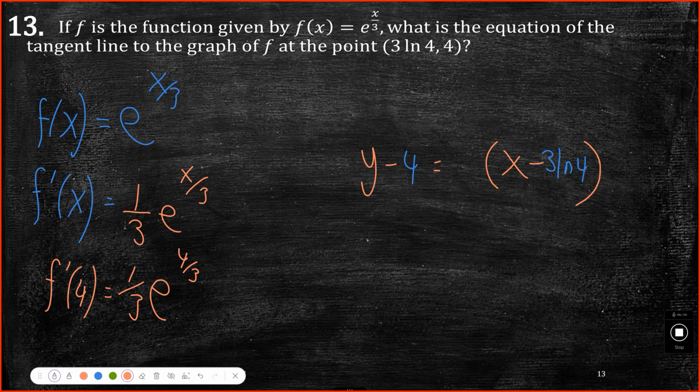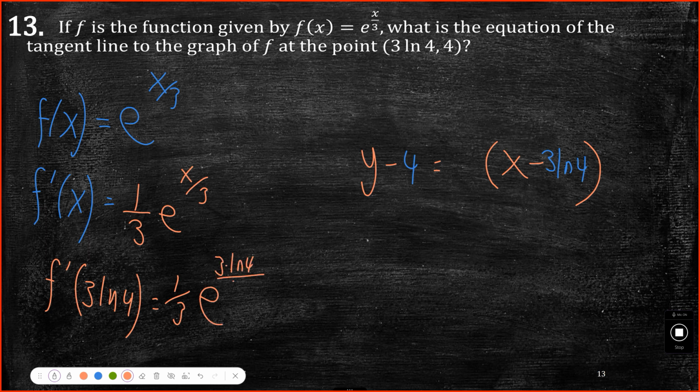Did I get this wrong? No, yeah, I'm doing it wrong. Undo. F prime, we're evaluating at 3 ln 4. 1/3 e to the x is 3 ln 4 over 3. What can we do now? Cancel this out.